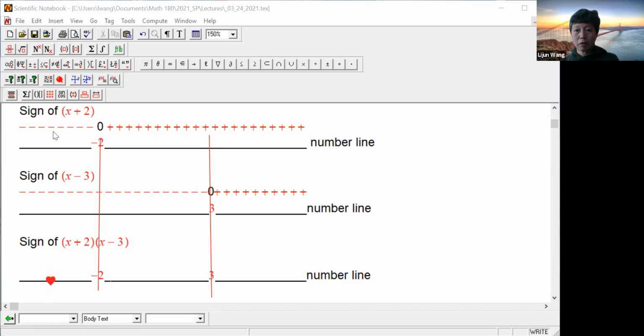I will get a negative from here and a negative from here. Yes? So if x plus 2 is negative and x minus 3 is negative, a negative times negative is what? Positive. Very good. So here you're going to get a positive.